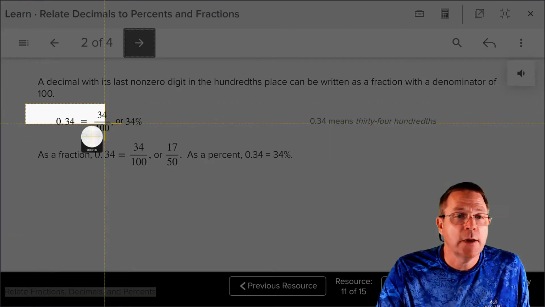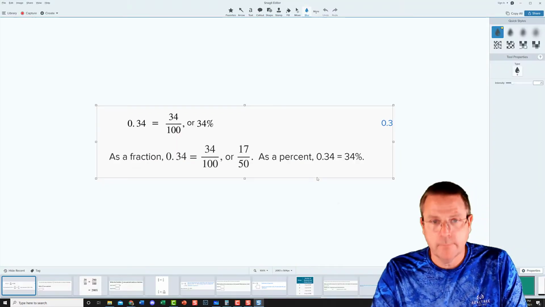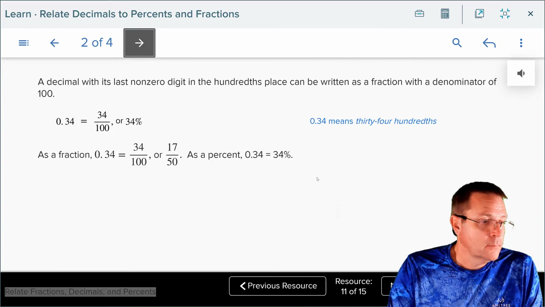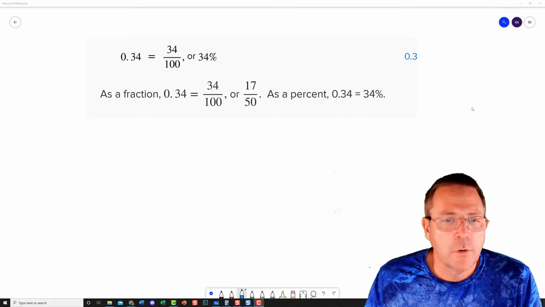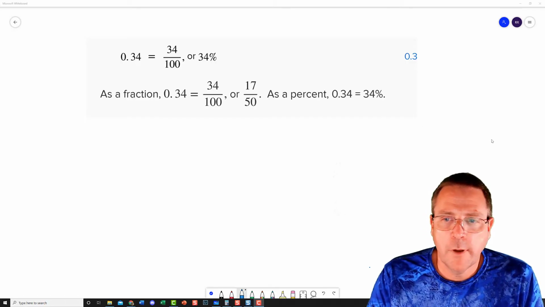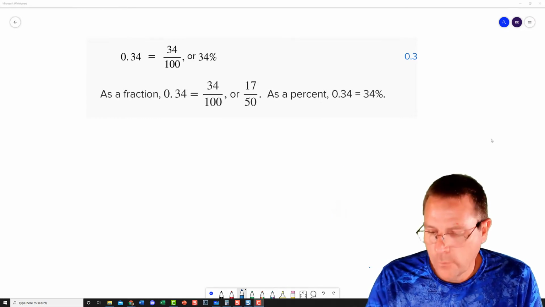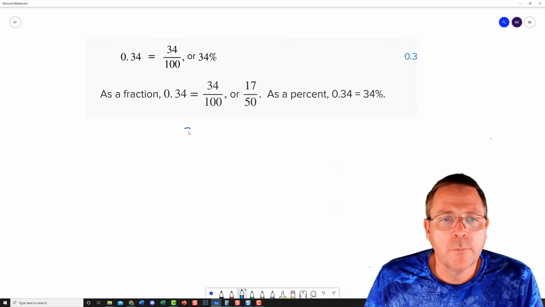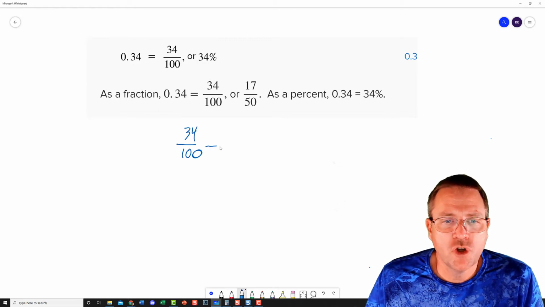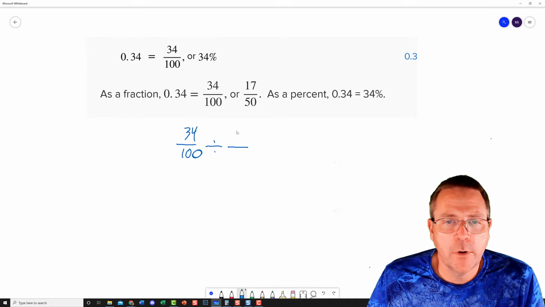So let's take a look at that on our slate. We have 34 over 100. And we have to show how we're simplifying our problem. The largest number that goes into both of them is 2. 2 goes into 34 17 times. 2 goes into 100 50 times.